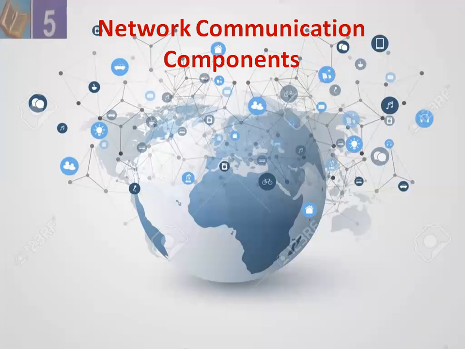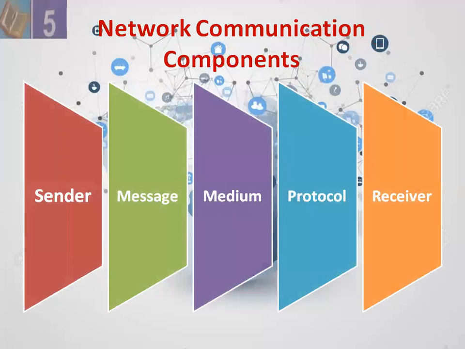Network communication components. Data communication basically is the process of transferring information from one point to another in a networking environment. So when we talk about network communication, it means that you want to send some sort of data. When you want to send data, there are some components involved.